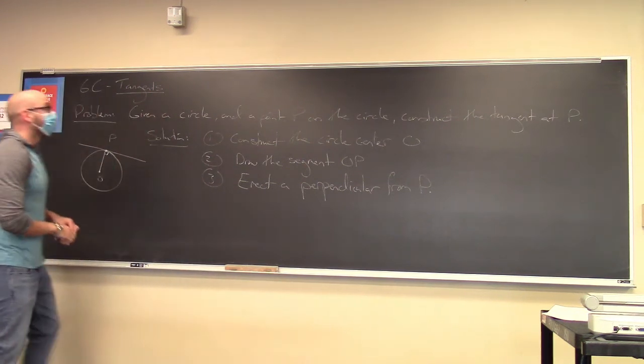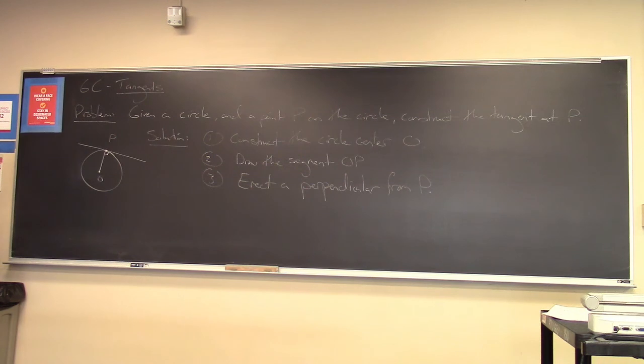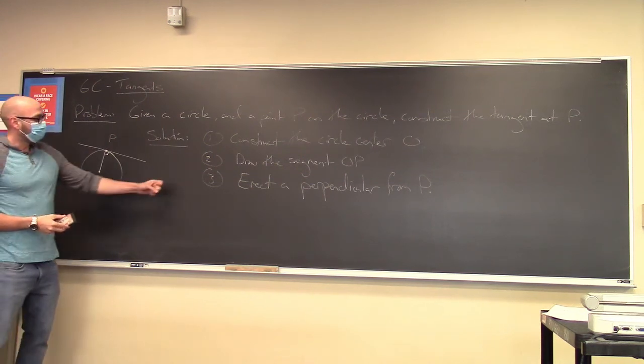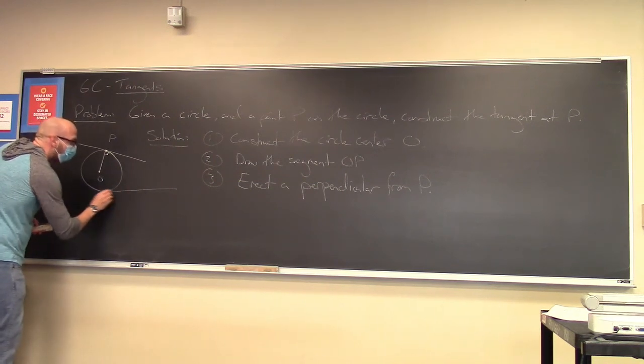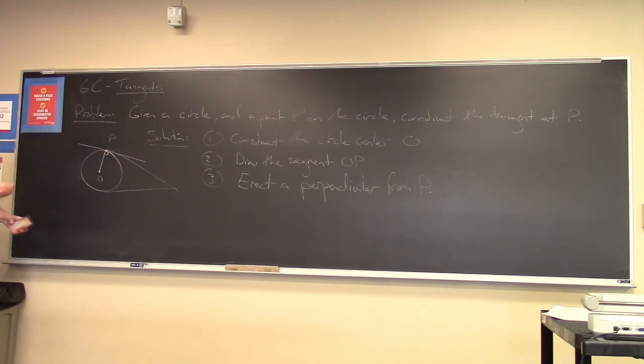Alright, so pretty easy construction. The more difficult question then is, what if I have P off of the circle? If I have P off of the circle, then there's 2 tangent lines. How do I find them?